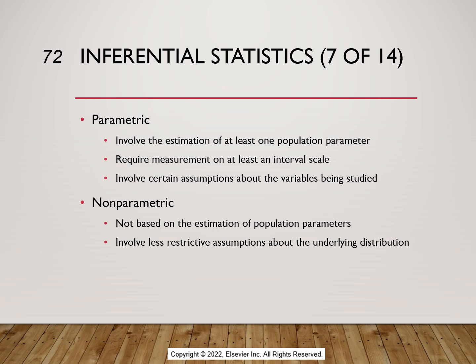So when you're reading through the analysis section of your research study and the researchers determine that the data are normally distributed, they should be conducting parametric inferential statistics analysis. If they determine that they're not normally distributed, the researchers should be performing non-parametric analyses.